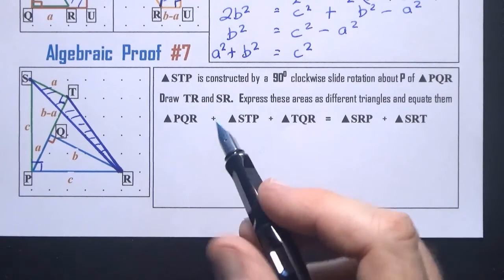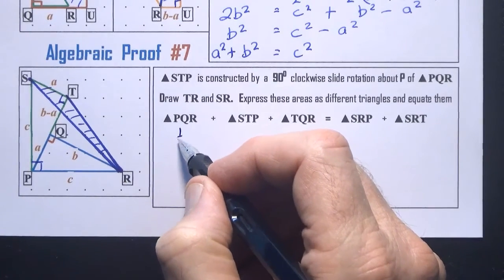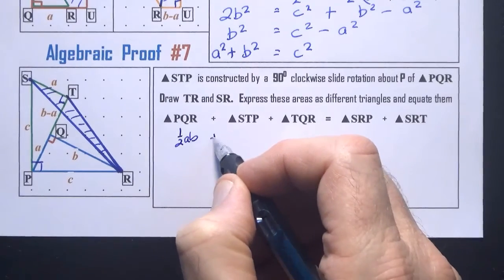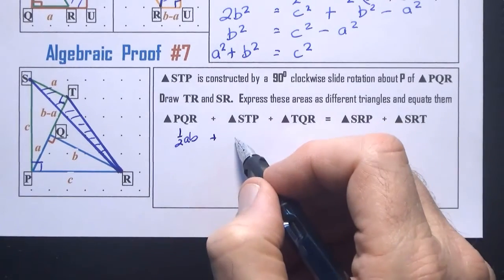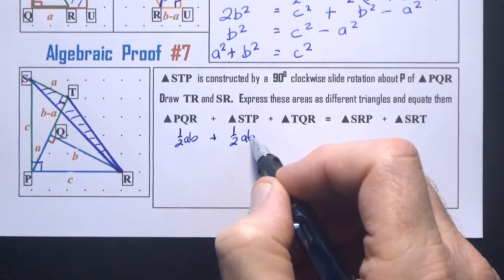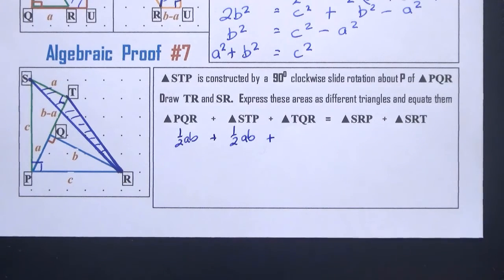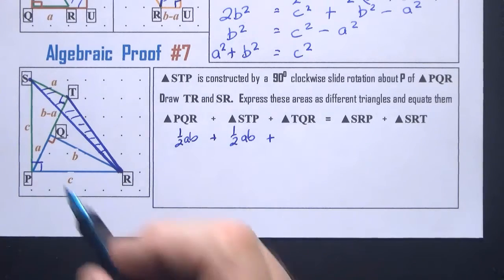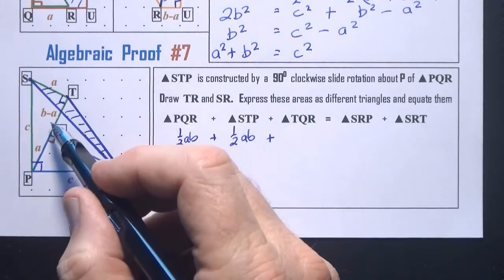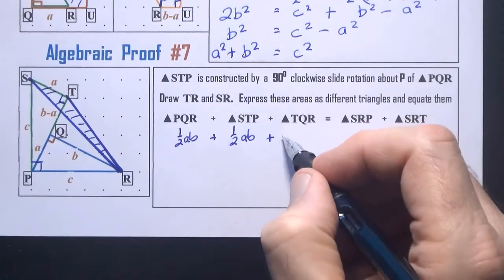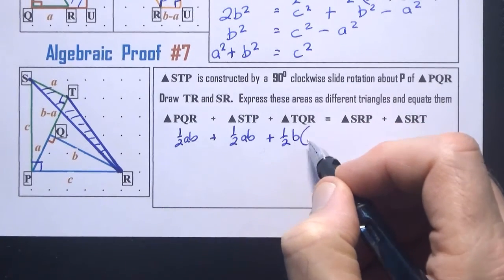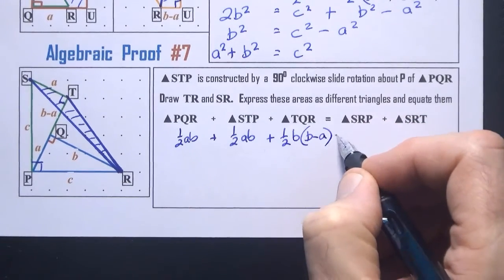PQR, well, that simply will be half AB, and STP will also be half AB, and TQR, well, the base is B and the height is B minus A, so it's half B times B minus A.